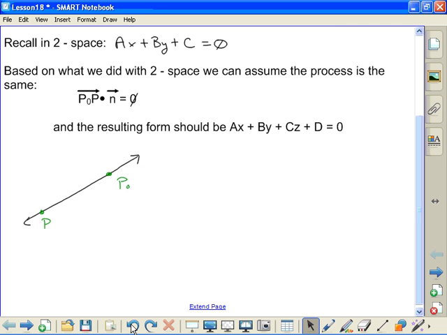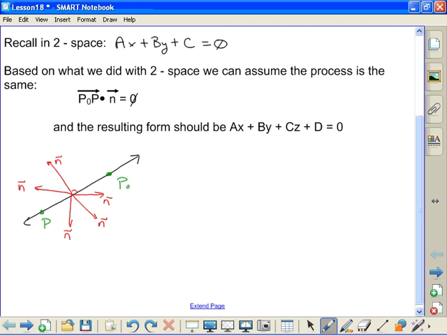What problems arise is that I'll have a normal right here that's perpendicular to the line, but I could also rotate that normal around a little bit and have a normal here, a normal over here, a normal over here.